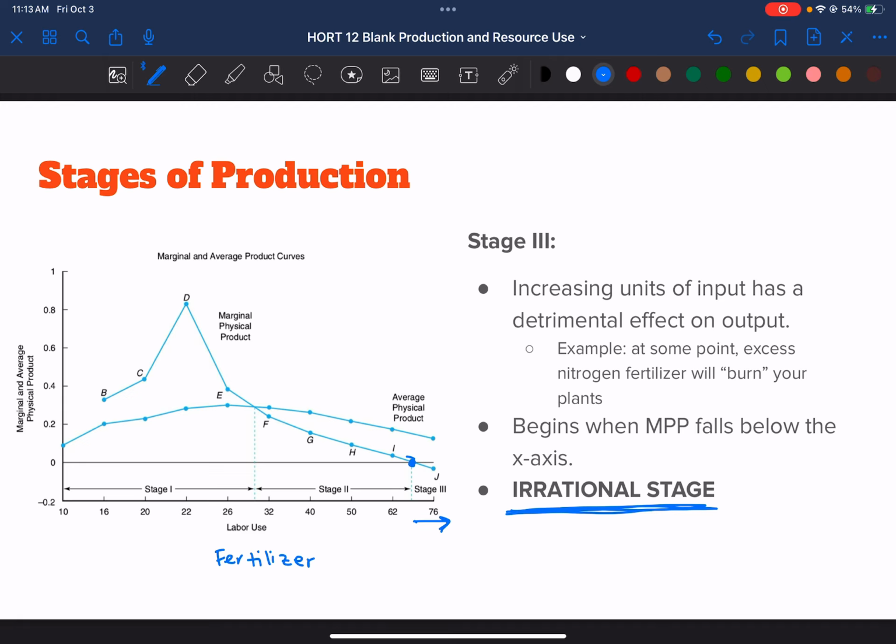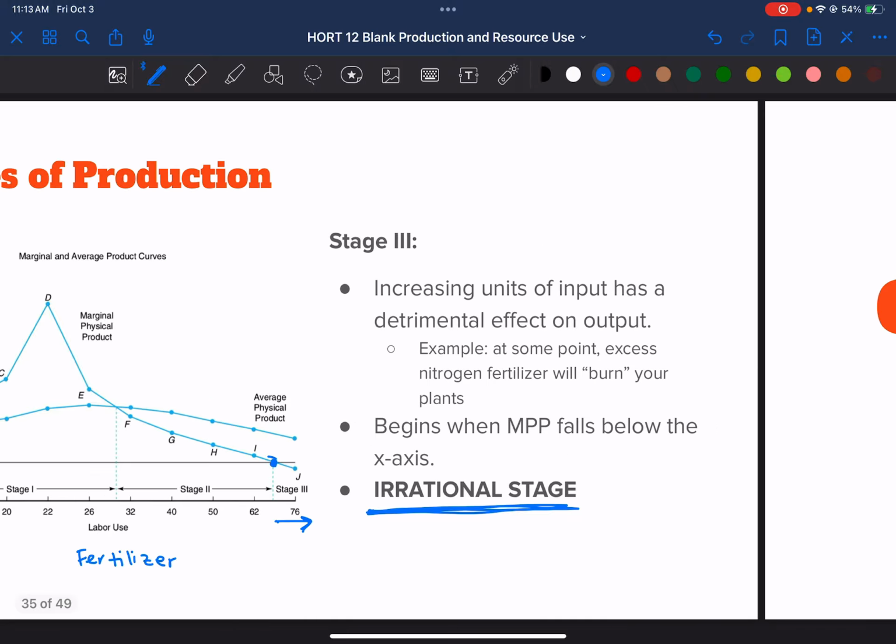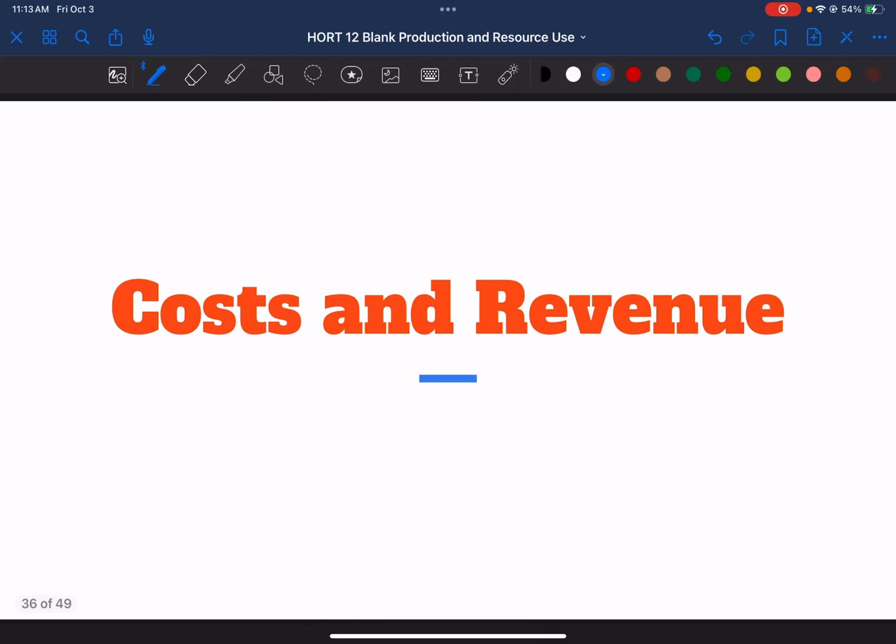Businesses do not want to be functioning in here. If they're functioning in here, that means they're putting in too many inputs, which is expensive, and they're not getting any return on those inputs as far as their production goes. So that's the stages of production. Remember, we want to be producing in stage 2 of production.